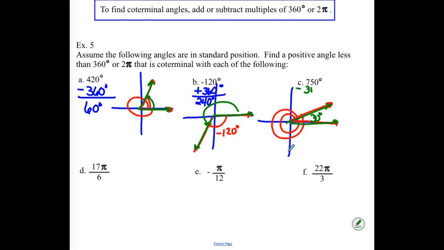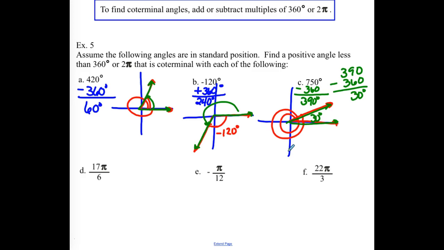Algebraically, I can show that by subtracting 360. That left me 390, which was still bigger than a full circle, and they want an angle less than 360. So we would subtract it again to get down to our 30 degrees. Okay? All right. At the beginning, I said we can find negative angles as well.